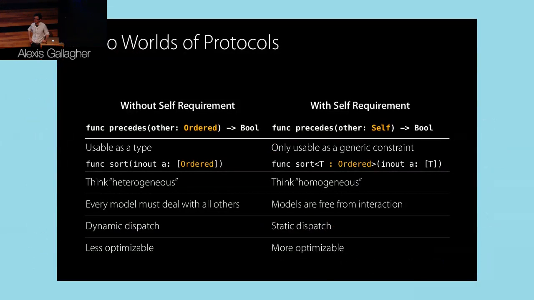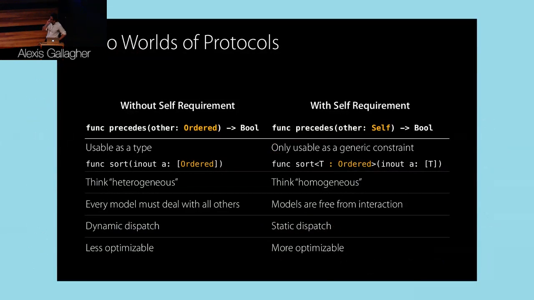AppKit and UIKit are very much designed around dynamic dispatch and Objective-C. So do you think the left side, the ones without the Self requirement, is more of a scaffolding, not for the sake of static type information, but really just until they have a nicer method to do dynamic dispatch?